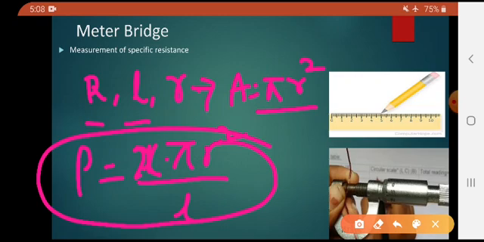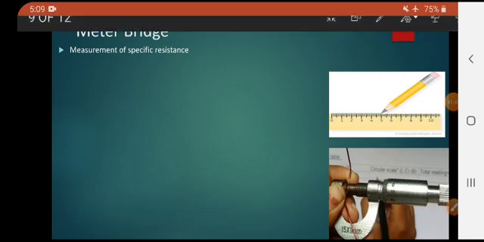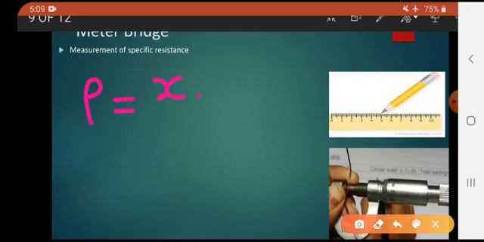So by using a meter bridge you can find out the resistance and the specific resistance. X is the resistance, pi r square is the area of cross section of the wire and L is the length.